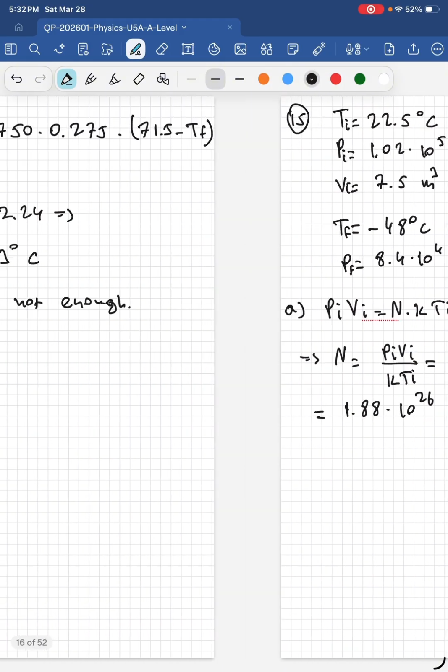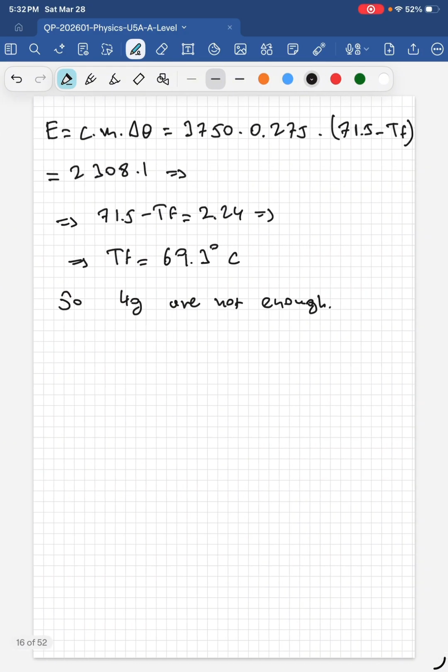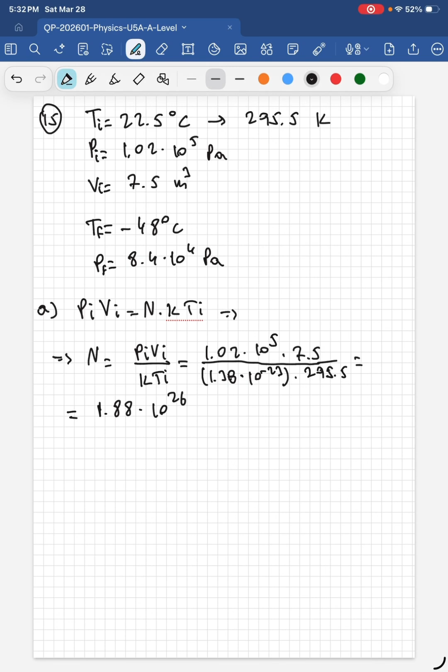Okay, now let's see the second question. Calculate the decrease in the mean kinetic energy of a hydrogen molecule in the balloon as the balloon rises to the maximum height. Wait, I'm sorry, I went a little bit too fast. We calculated the number of particles, but we still haven't calculated the final volume. To find the final volume, P final times V final is N k T final, where we assume that the number of particles stays the same. So now we need to solve for V final, which is N k T final over P final.